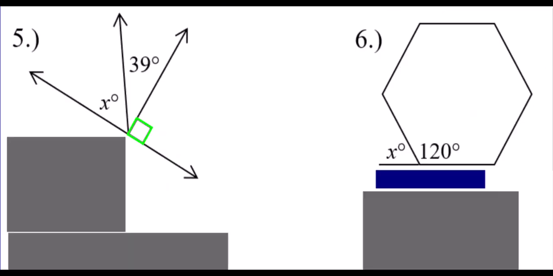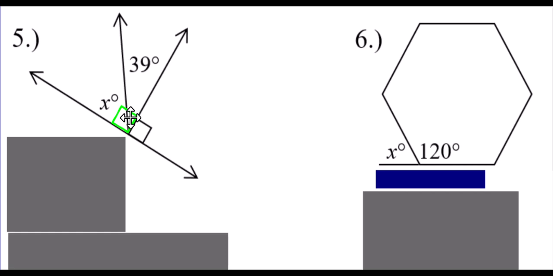Now, the slightly more challenging problems, numbers 5 and 6. How do I do number 5? Well, notice the square. The square means 90 degrees. And since that square is on this straight line, I could also conclude that the x degree angle and the 39 degree angle would both make 90 degrees.